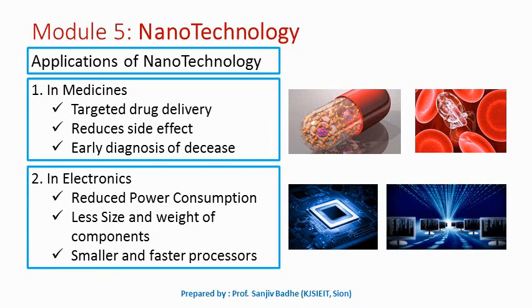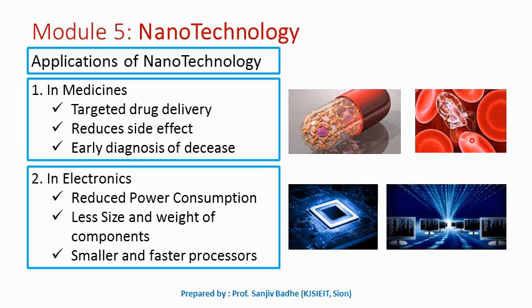And now let us discuss some of the applications of nanotechnology. So there are many applications of nanotechnology in different fields. We will try to discuss some of them. An important application of nanotechnology is in the medicine field. In medicine, we can achieve targeted drug delivery with the help of nanotechnology.